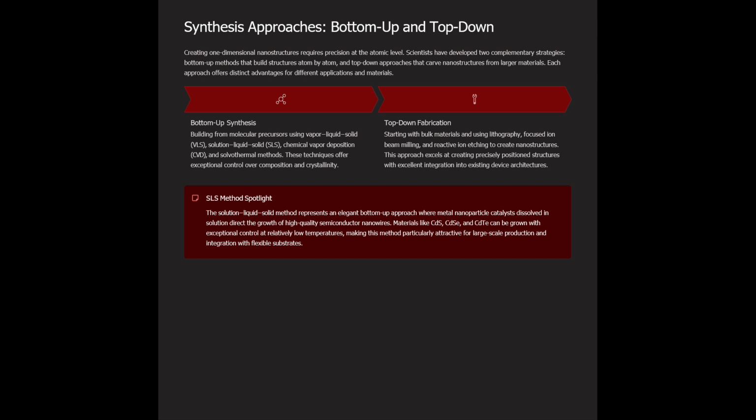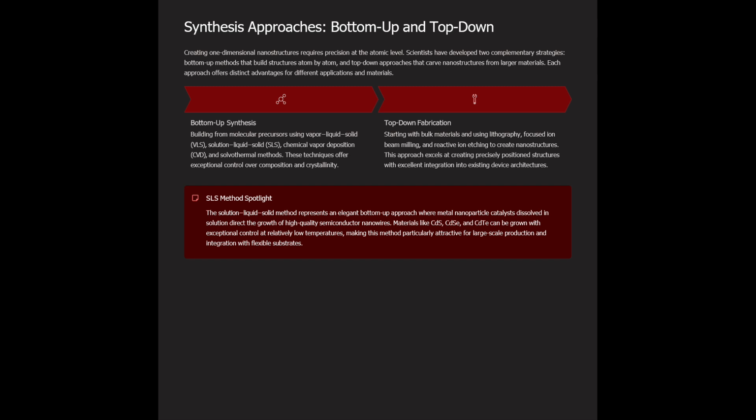Top-down fabrication starts with bulk material and uses lithography, focused ion beam milling, and reactive ion etching to create nanostructures. This approach is excellent at creating precisely positioned structures with excellent integration into existing device architectures.